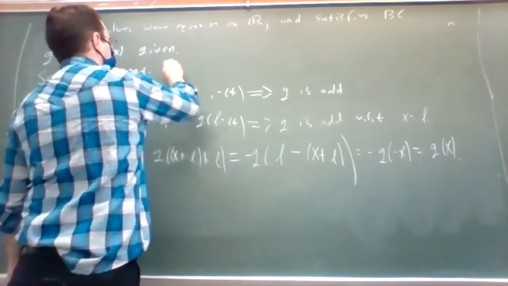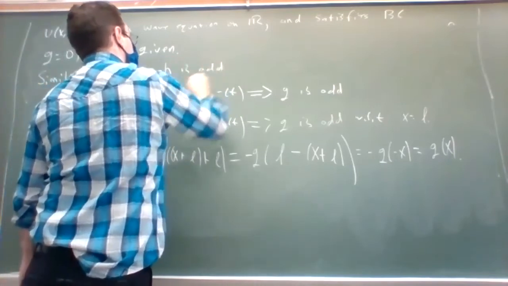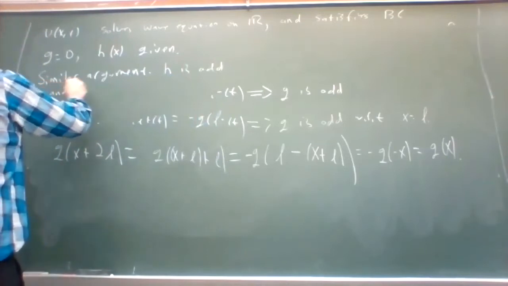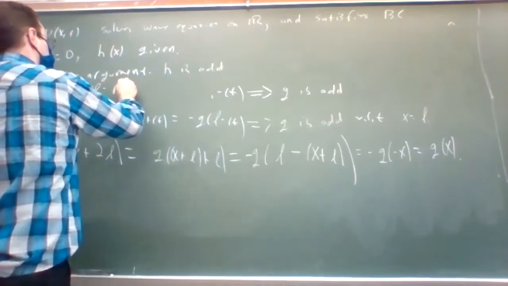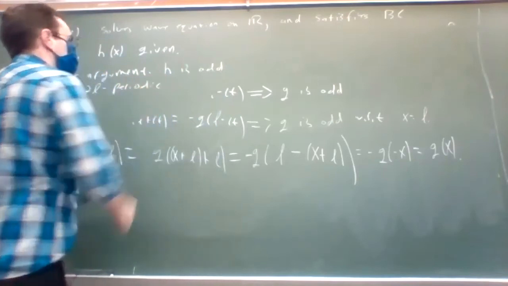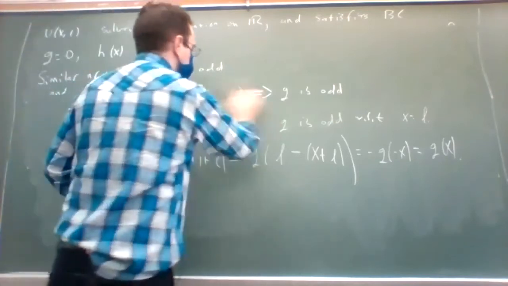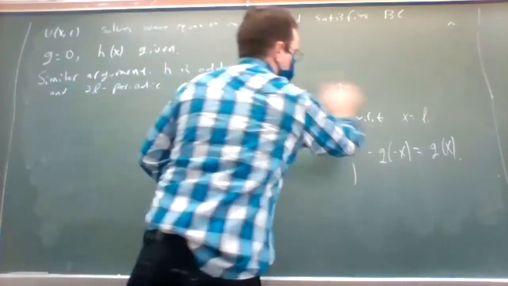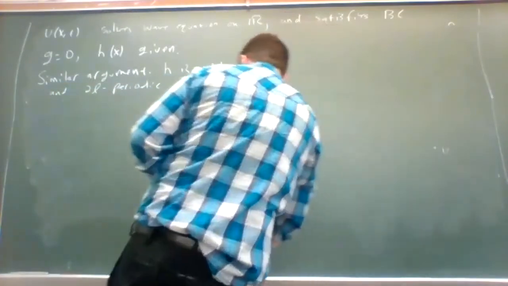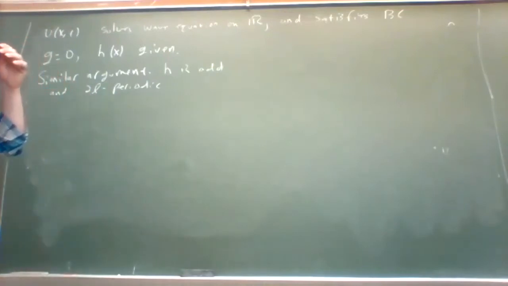It shows that h is odd and 2L periodic, which is great. So they both have to satisfy a similar condition.